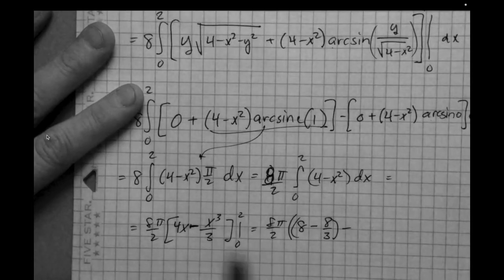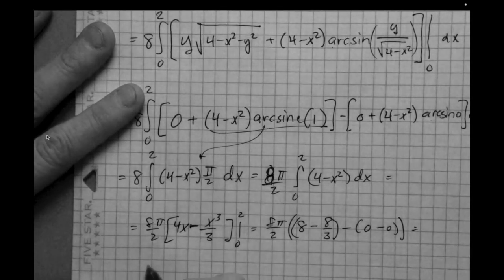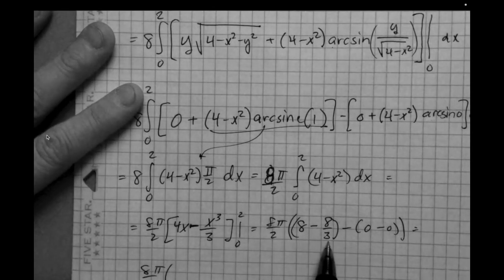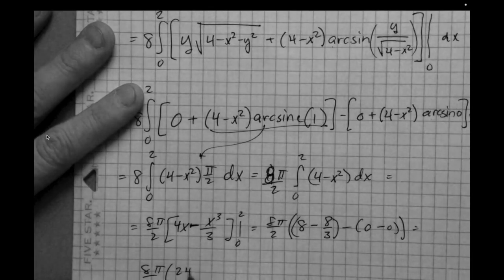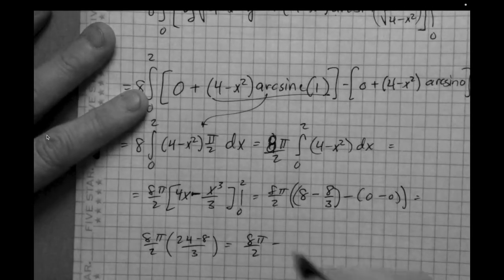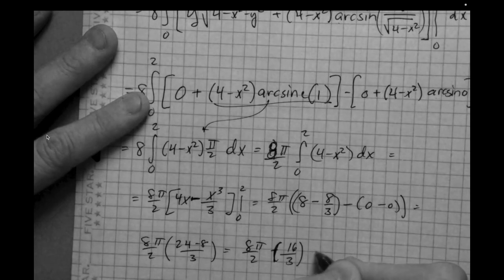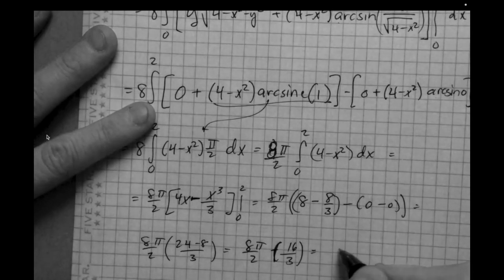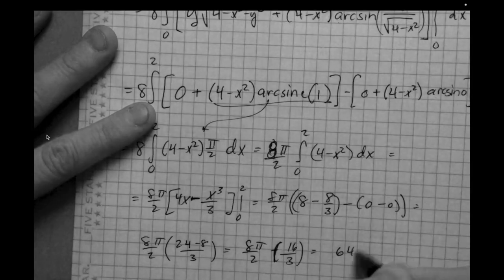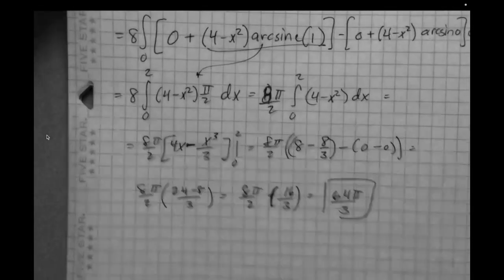And then when we plug in the 0 at the bottom, you get 0 minus 0. Okay, so it's 8 pi over 2 times 24 minus 8 over 3. So 8 pi over 2 times 16 over 3. All in all, you get 64 pi over 3. Okay, so that's the area.